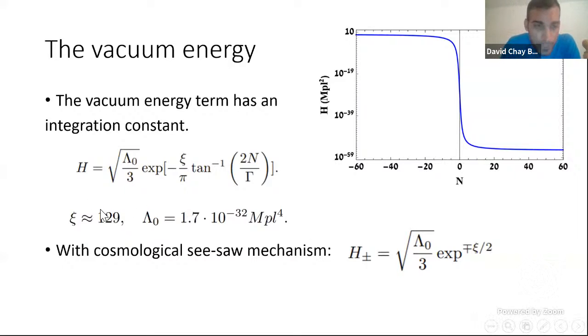The logarithmic ratio between these epochs is about 120 or 130. So in the sense of the model, this answers the question of why the inflationary dark energy is very large and the dark energy in the late universe is very low.